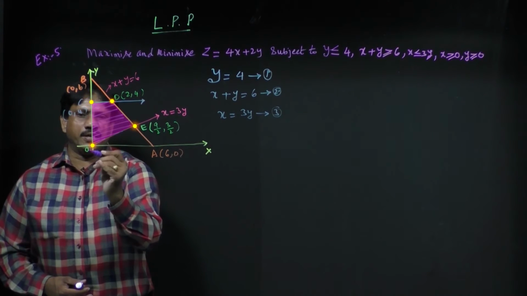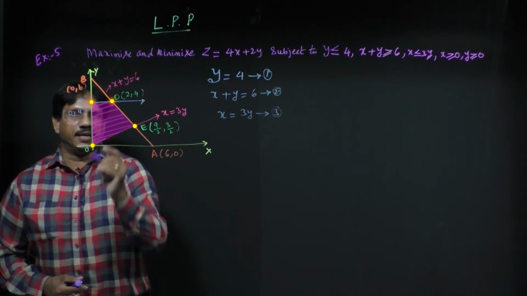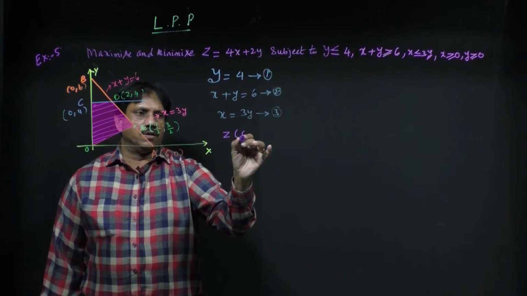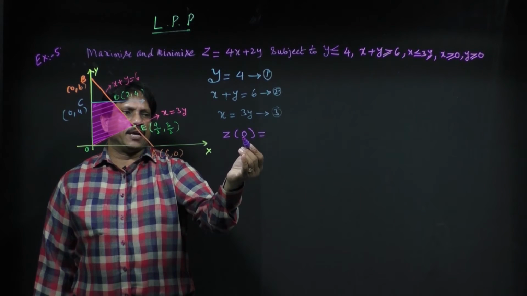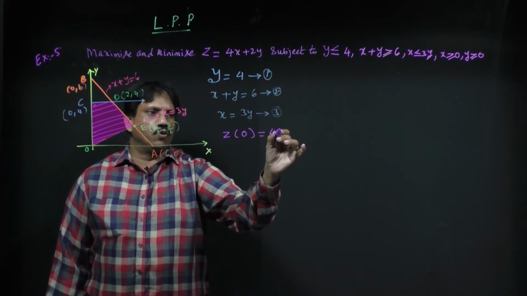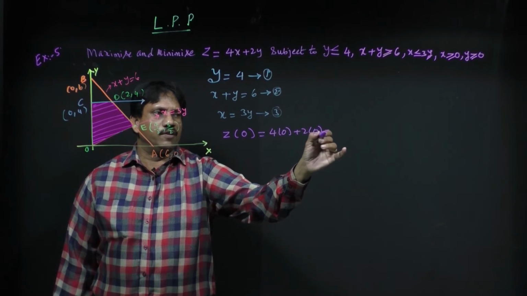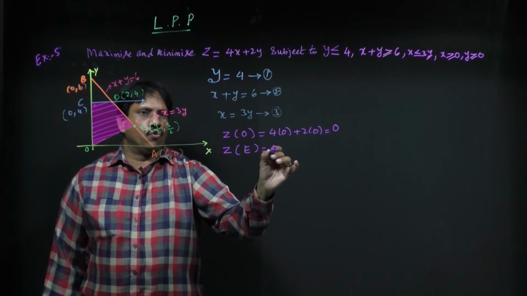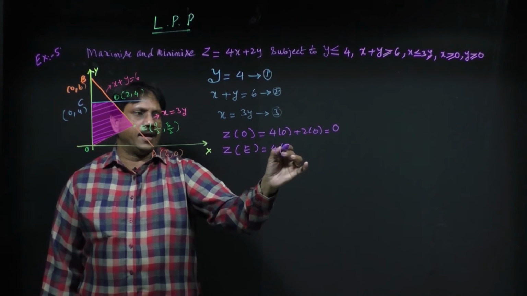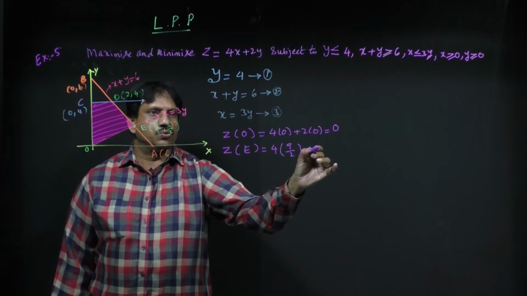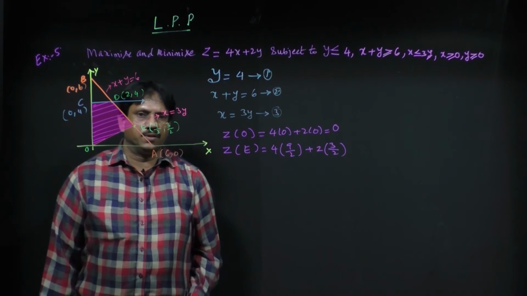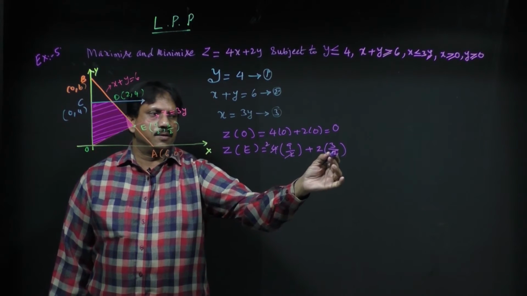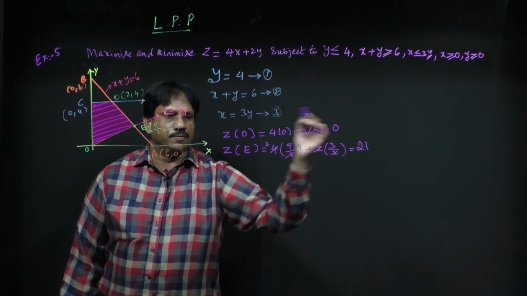Now these are the corner points: at origin, at E point, at D as well as C. Now we are going to find Z at origin, which is 0. By putting x equal to 0, y equal to 0 in this equation, 4 into 0 plus 2 into 0, the value is 0. Z of E: 4 into 9/2 plus 2 into 3/2. You cancel this, the 2 goes, this is 18 plus 3, the value becomes 21.